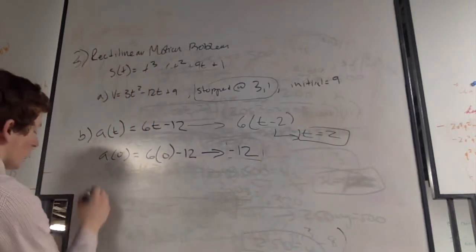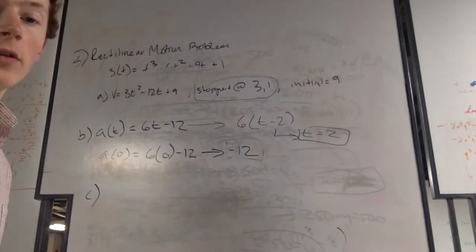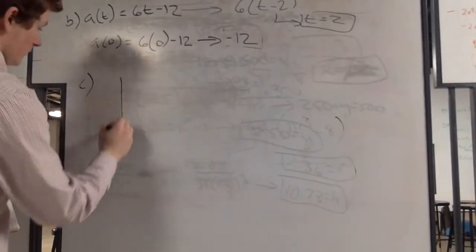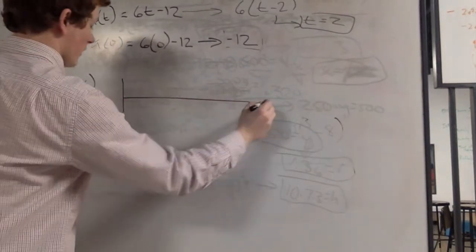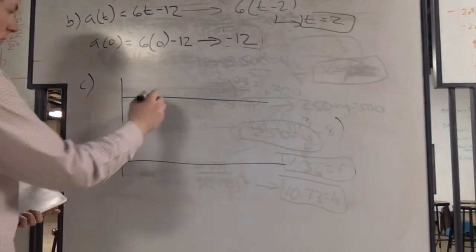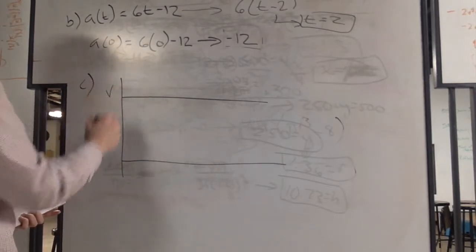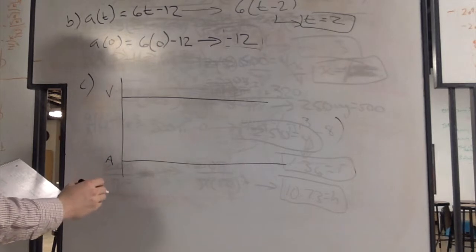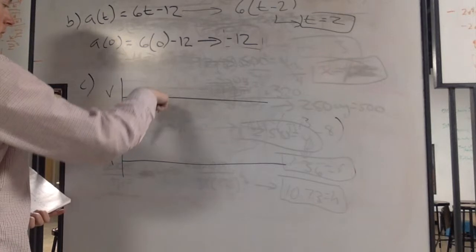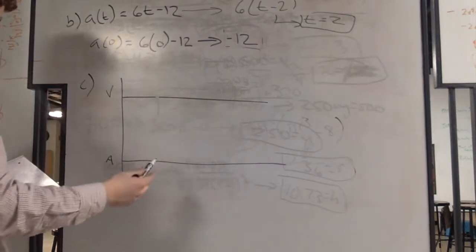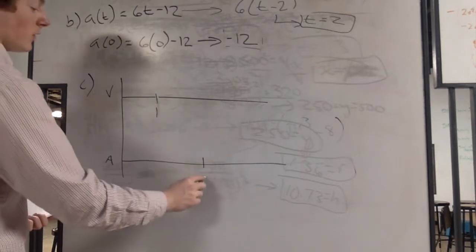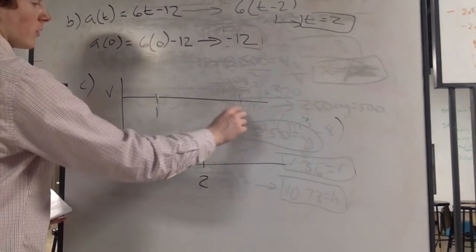So the number line goes as follows. Make sure you can see this. Here, the first one up here is velocity, and this is acceleration. Up here, first comes 1, and down here you have the 2. And right here you have your 3.